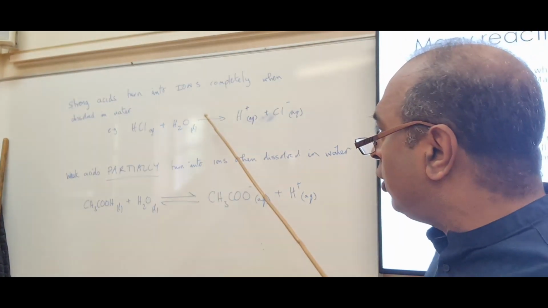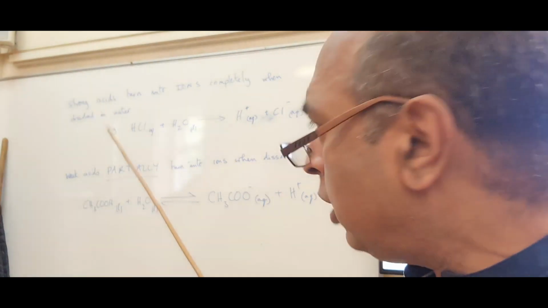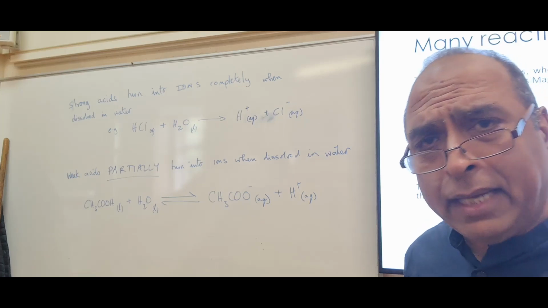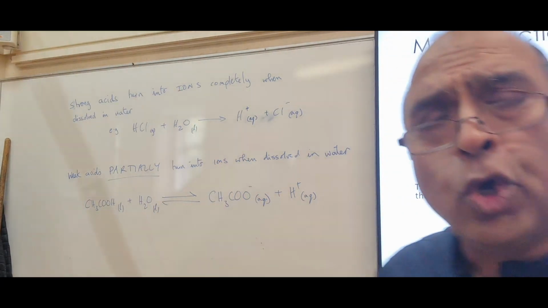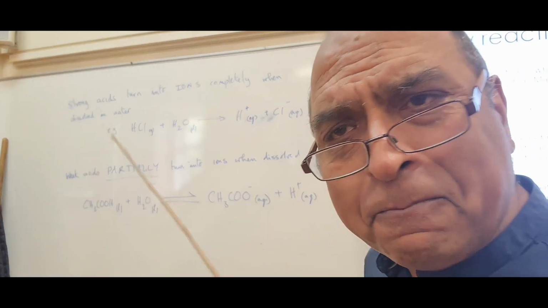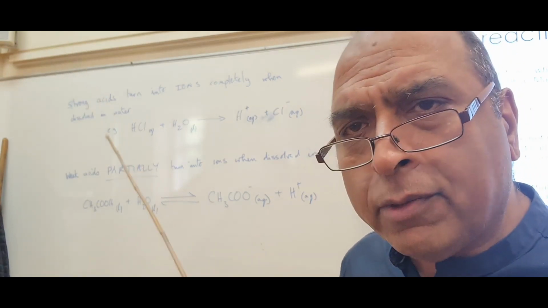This is not a complete reaction. It's a reaction that happens partially, and we taught you in the acids topic that weak acids partially turn into ions when dissolved in water. Well, that is an example of a reversible reaction.